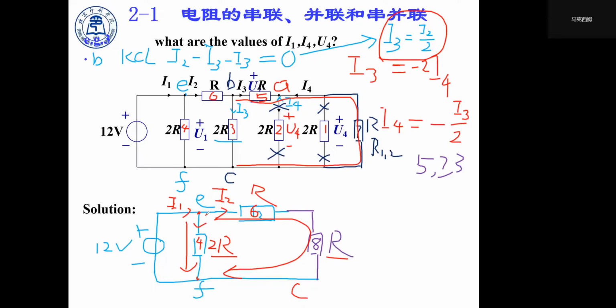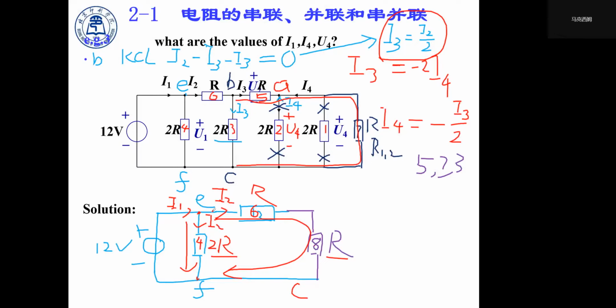So the resistor 4 branch must have the same current as the resistor 6 and 8 branch.